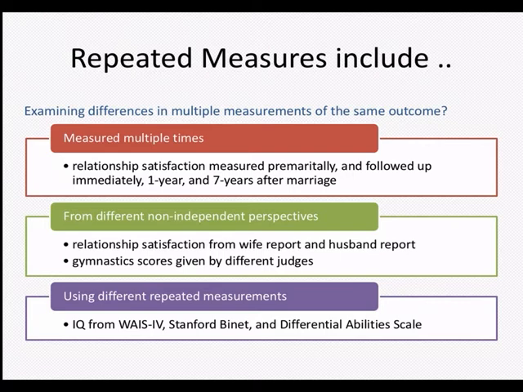And if you want to see if the IQ is different across these 3 different assessments, then we're doing a repeated measure ANOVA test. Does that make sense? Because there's shared variance. It's not independent from each other.